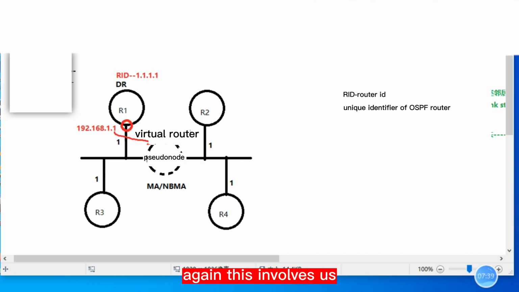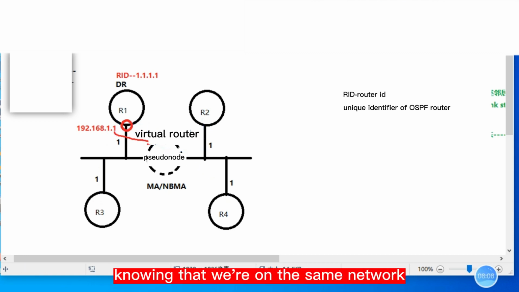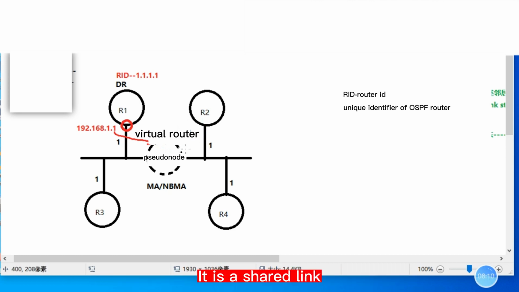This again involves what we did last time. In the description messages sent by the neighbors, R1 knows that we're on the same network, that it is a shared link. So in calculating this information, I can calculate this directly.